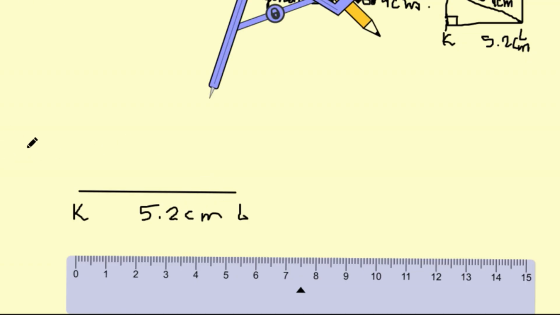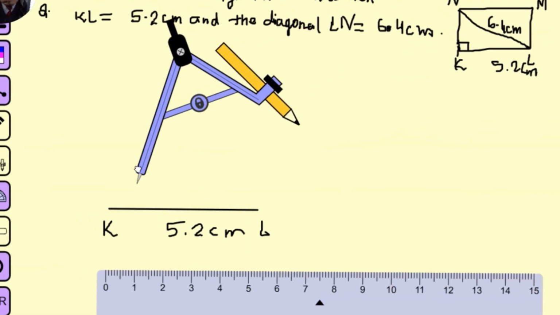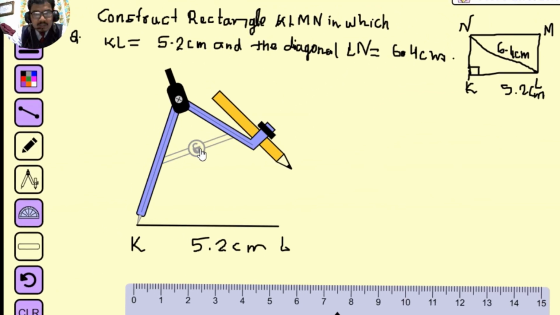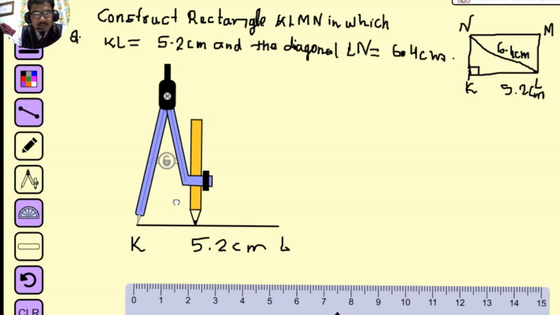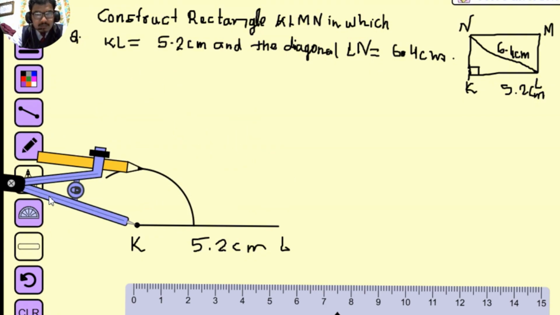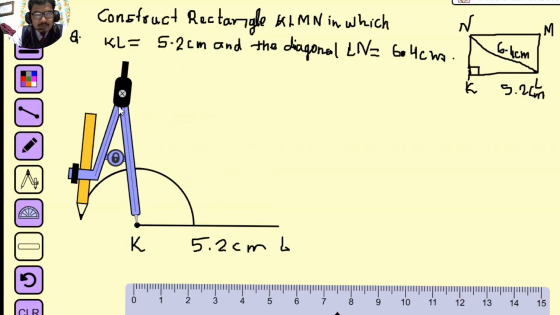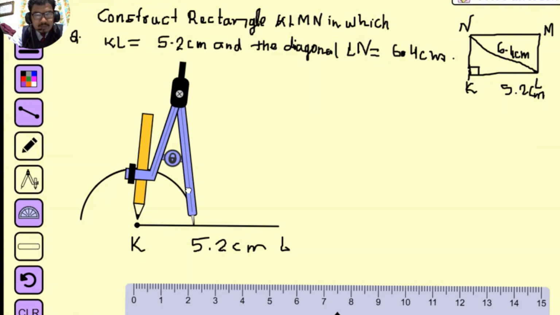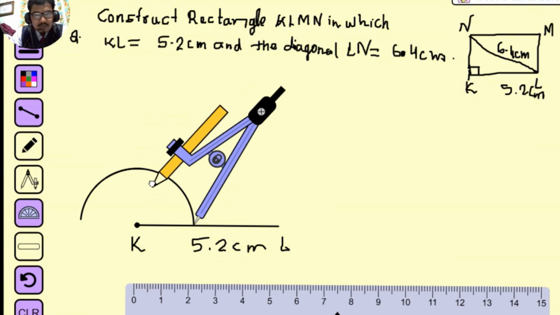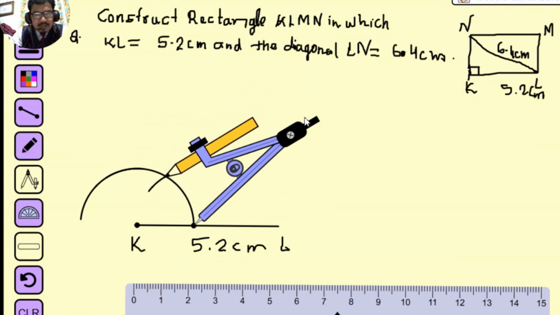Now take the help of a compass and take an appropriate arc here, neither too big nor too short, and take one arc like this, because we have to draw here 90 degree. For that, put the compass at 0 and draw here 60 like this.